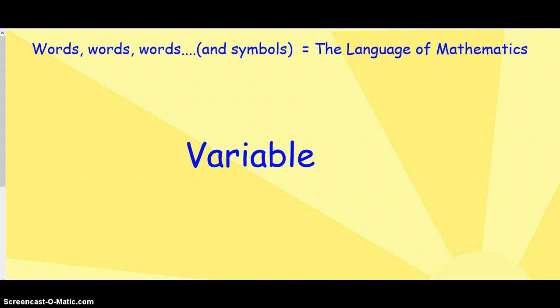A variable is actually a number, but we don't know which number it is, so we give it a nickname. So that nickname comes in the form of any letter that you can think of. It can be a variable that represents an unknown quantity.